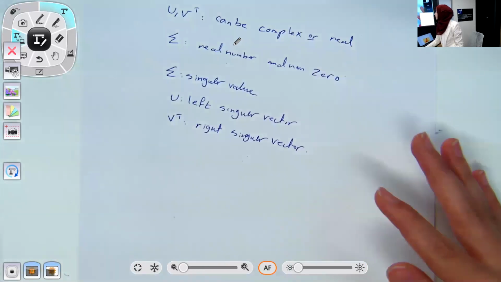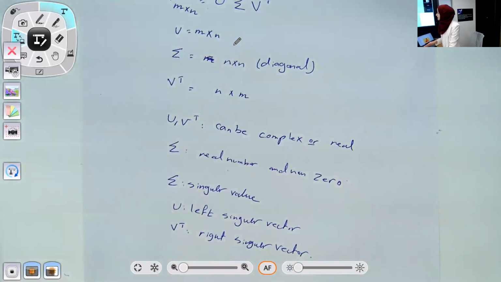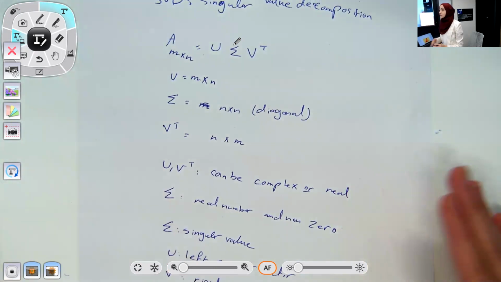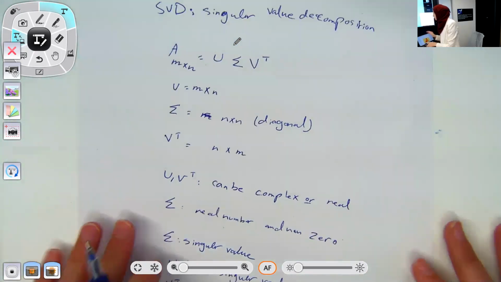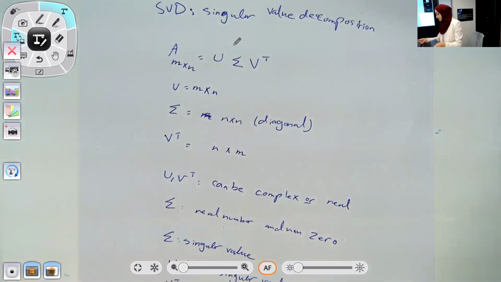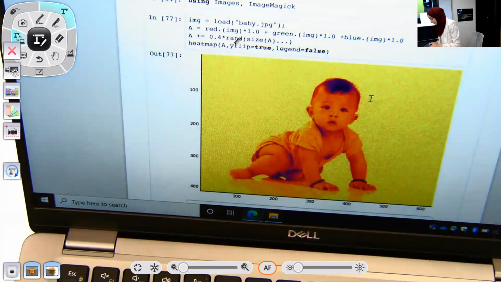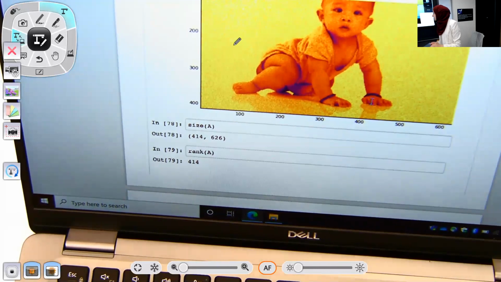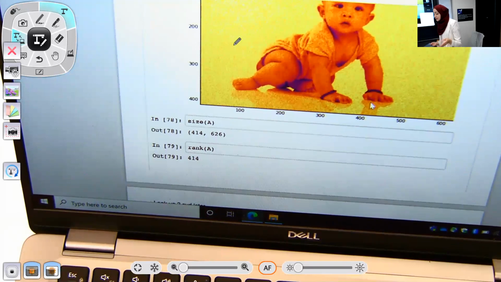So we need to find the SVD. SVD is defined in Julia. You can put SVD directly and put the matrix A. Here we can find the size of matrix A. You need to change the size in your question to become 300 times 200.